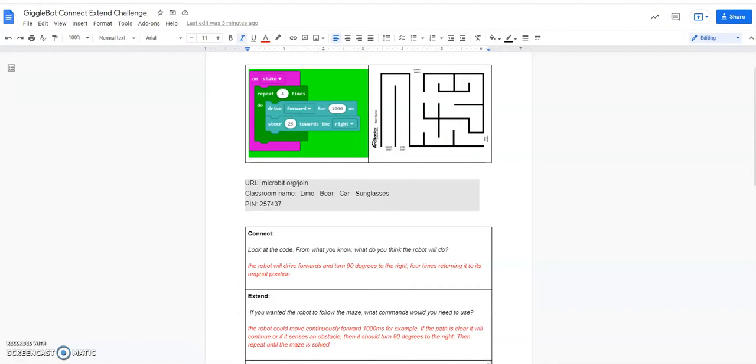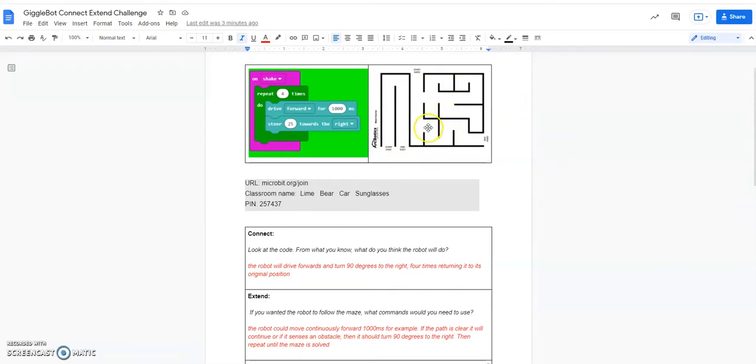Here's another example. So one of the Harvard thinking routines, visible thinking routines, is Connect, Extend, Challenge. And it's designed to help students to connect what they already know and extend that prior learning to figure out how they can solve a problem. So this one is in my robotics classes, and I'm using a Gigglebot robot, and the whole idea is that they're going to be getting the robot to go through a maze.